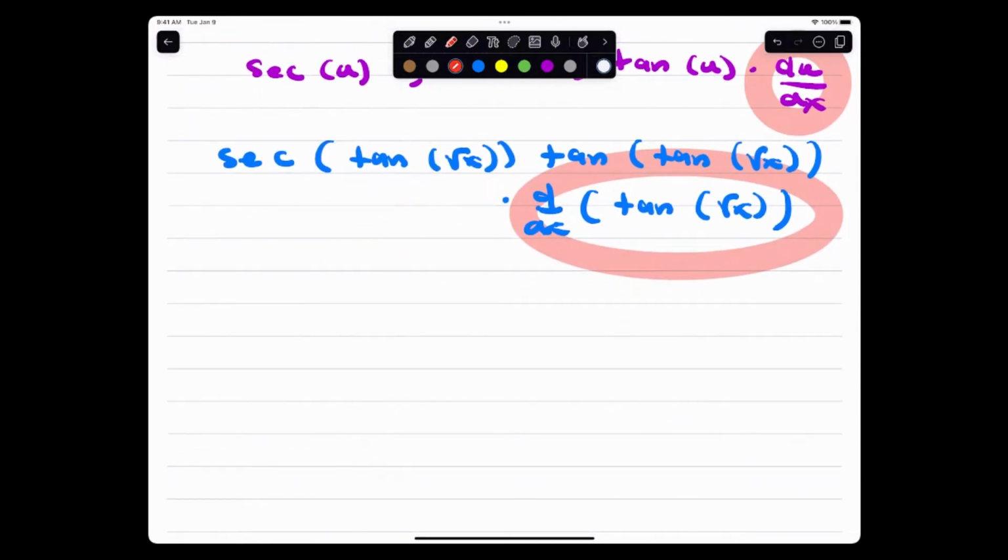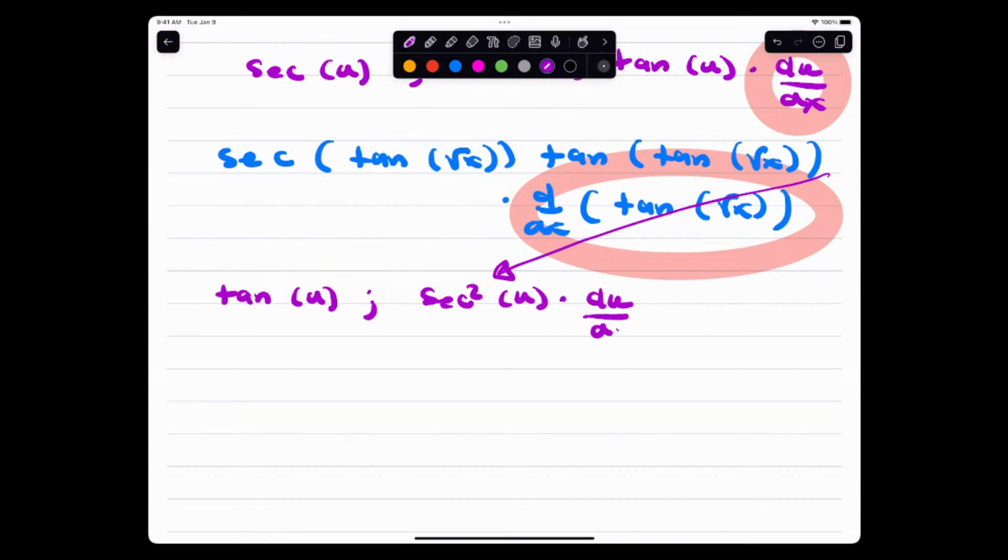What you have to use now, again, is the derivative of tangent of u. If your function's tangent u, the derivative is secant squared u times, by chain rule, du dx. So it's operator notation and chain rule again.